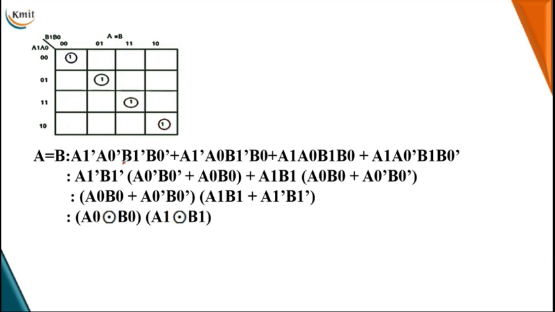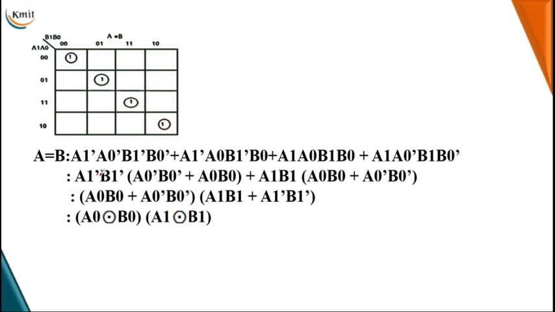So all are considered isolated minterms. A1 bar, A0 bar, B1 bar, B0 bar is minterm 0. A1 bar, A0, B1 bar, B0 is minterm 5. A1, A0, B1, B0 is minterm 15, and A1, A0 bar, B1, B0 is minterm 10.